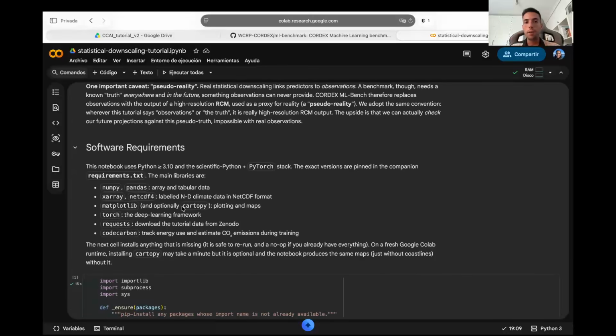Regarding the software that we are going to need for this tutorial, it is quite simple. We need NumPy, we need Pandas, we need Matplotlib, and we need Xarray. Xarray is a library used within Python to work with climate data, because climate data has a specific format, netCDF.